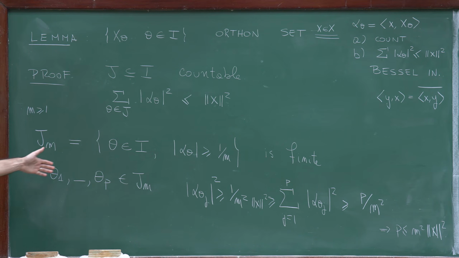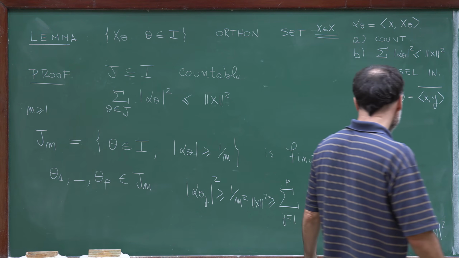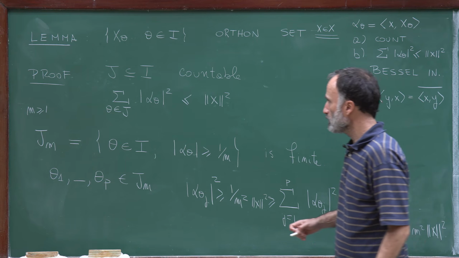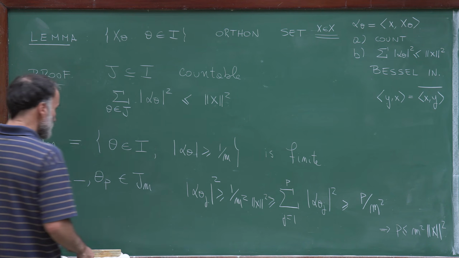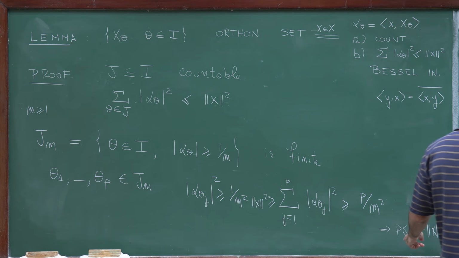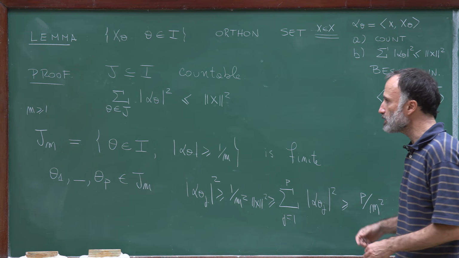And what follows from this bound is that this set Jm has at most m squared times norm of x squared elements. You can't have more than that due to this inequality. So this set is finite, and you have a bound on its cardinality. Its cardinality is bounded by m squared x squared. So it's a finite set.